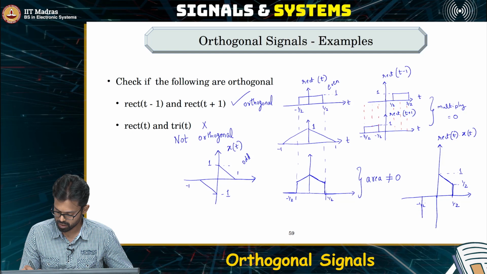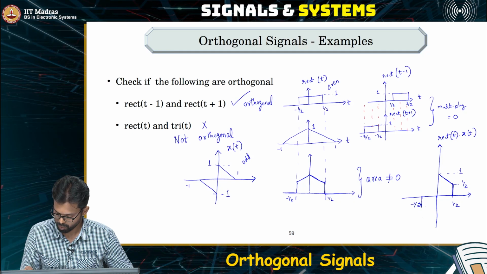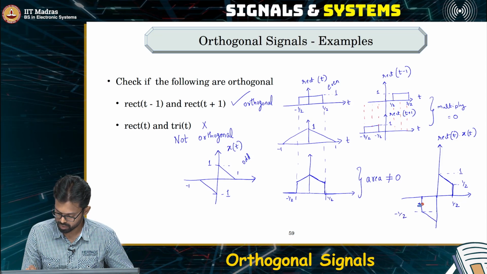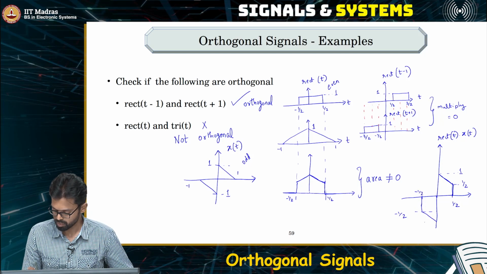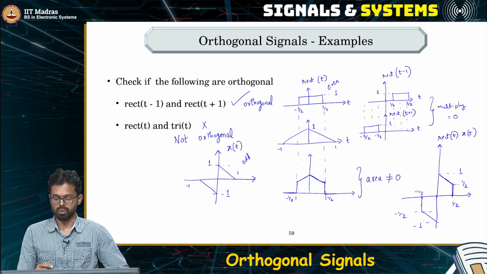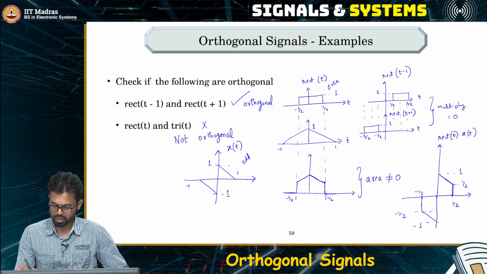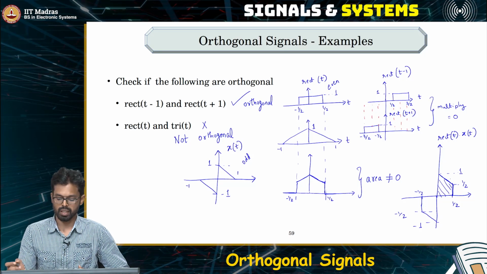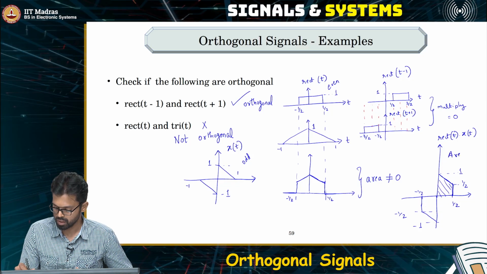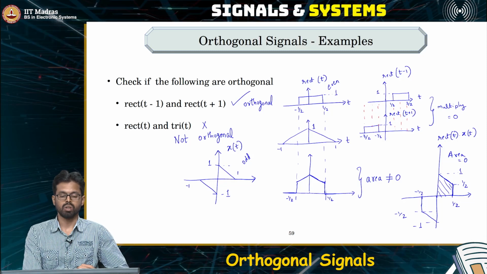But on this side, we have -half and -1. So the product is not fully 0, but they have odd symmetry. So because of this, the area on the right hand side is the negative on the area of the left hand side. So if you compute the area here, the area is going to be 0. So x of t and rect of t are orthogonal signals.